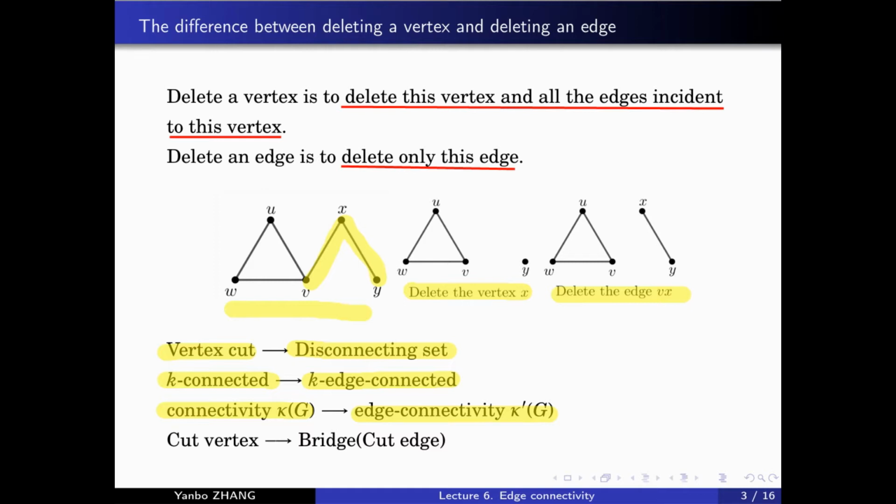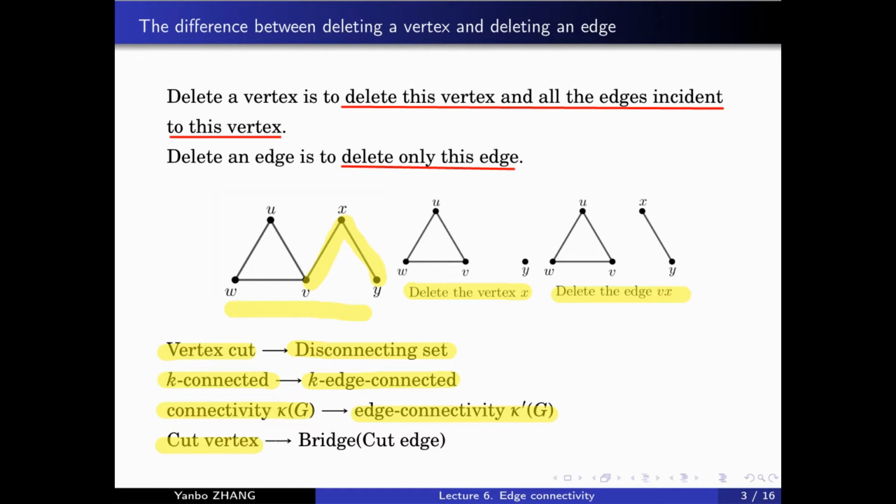We have also learned a cut vertex. If you delete a cut vertex, the connected graph G will become disconnected. A cut vertex is also a vertex cut, but usually a vertex cut is a set of vertices which may have many vertices, while a cut vertex is only one vertex.